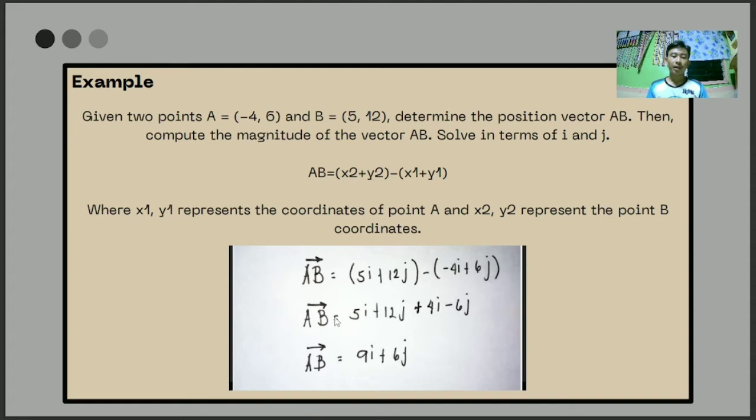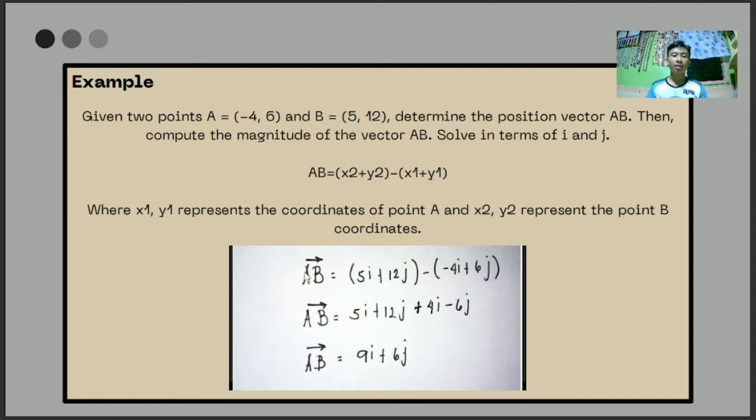Upon evaluating, 5i plus 4i is equal to 9i, and 12j minus 6j is equal to 6j. So our answer is that the position vector AB is equal to 9i plus 6j.